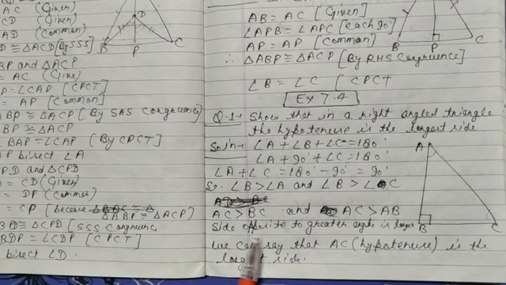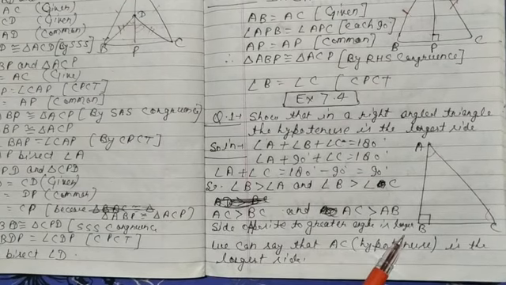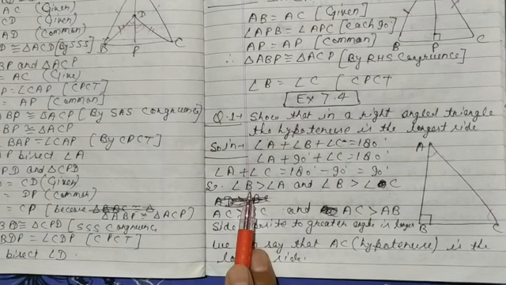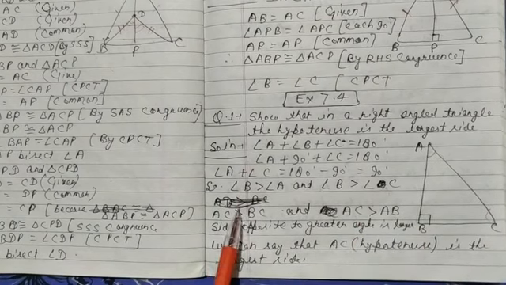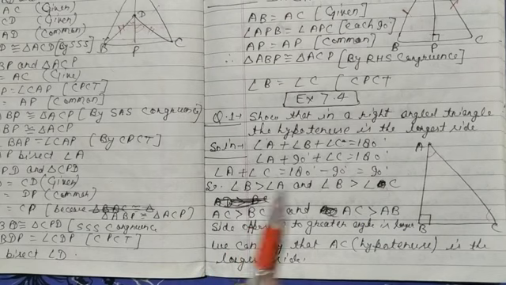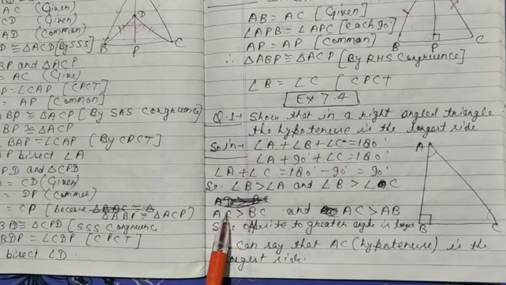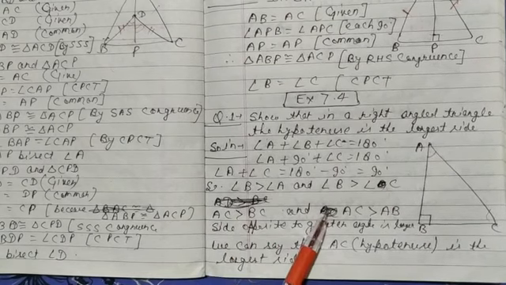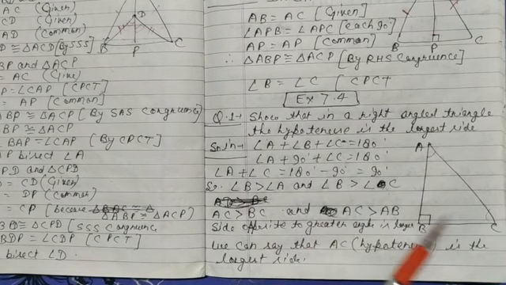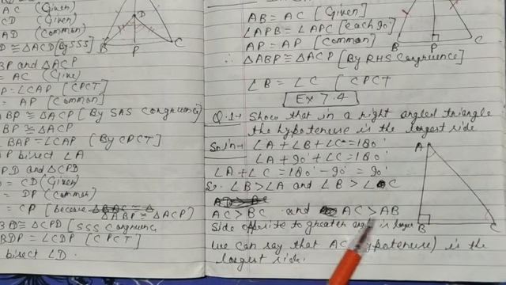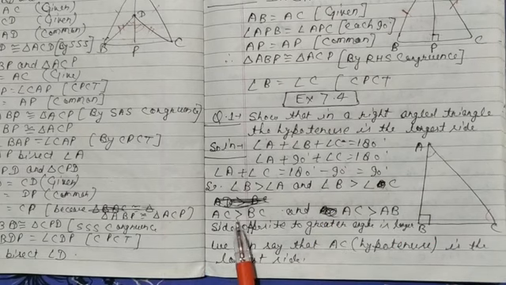The greater angle is angle B, and the opposite side of angle B is AC. Greater than angle A, the opposite side of angle A is BC. AC is greater than BC. Angle B, opposite side AC, and opposite side of angle C is AB. AC is greater than AB. AC is the hypotenuse, and the hypotenuse is greater than both sides. So we can say that AC, the hypotenuse, is the longest side.